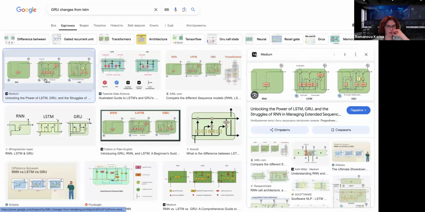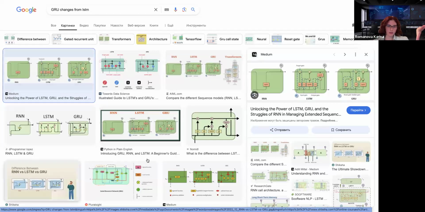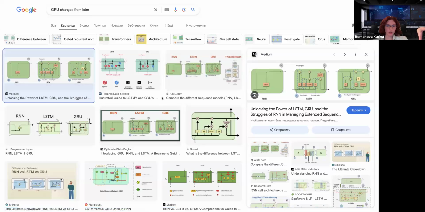Did you have this in lectures? If you want to understand all the details, you can go through these images and see what modifications we have. I don't know why it doesn't load my image, but okay.